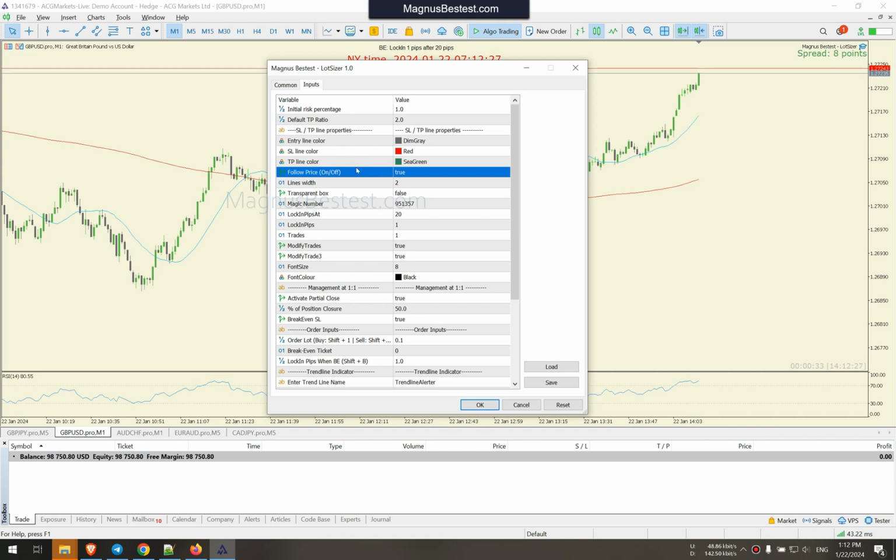You want to be directly sitting on the market price. So you can just press B for buy and then X and you are in the trade. Of course, before that you drag the stop loss level as well.